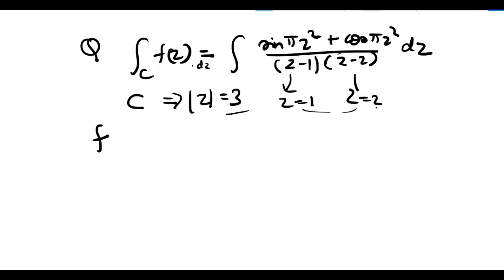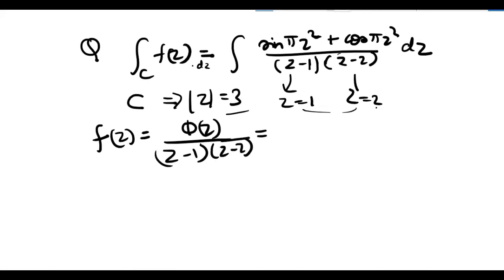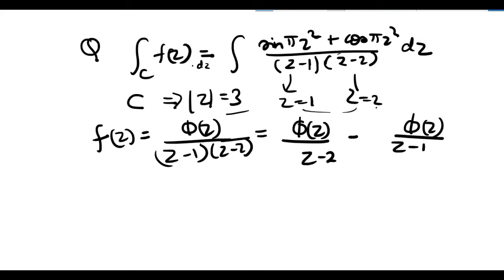So now we'll write f(z) as phi(z) upon (z minus 1) into (z minus 2). We can also write this as phi(z) upon (z minus 2) minus phi(z) upon (z minus 1), where phi(z) is equal to sin pi z squared plus cos pi z squared.